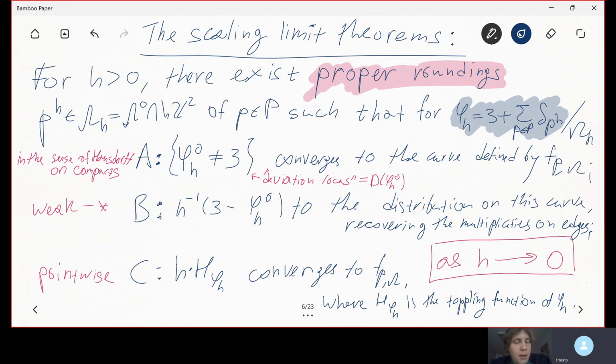And today I will not be speaking at all about B. I speak quite a lot about C, and I'll also finish the proof of A, because I've shown you a little bit how you deduce one part of this Hausdorff convergence.